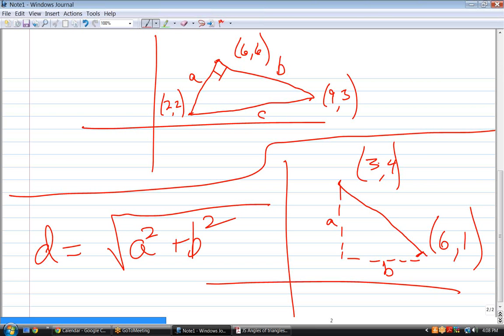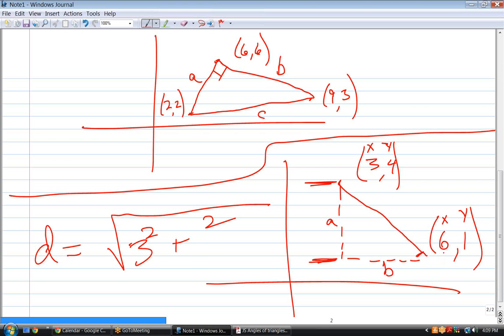Well, notice that A is the difference in the y-coordinates. That's a y-coordinate, that's a y-coordinate, that's an x-coordinate, that's an x-coordinate. So this distance right here is one y minus the other, or in this case, 3. What is B? 3.